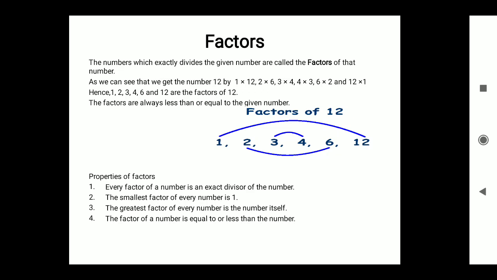Properties of factors: every factor of a number exactly divides the number. The smallest factor of every number is 1. The greatest factor of every number is the number itself. The factor of a number is equal to or less than the number.